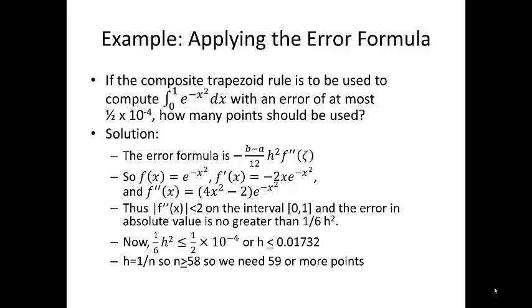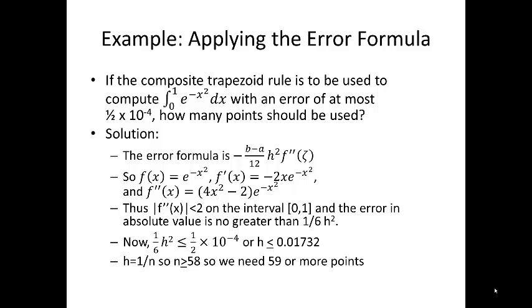Differentiating that, we bring down the minus 2x, which is the derivative of minus x squared, so it's minus 2x times e to the minus x squared, and f double prime is (4x squared minus 2) times e to the minus x squared. So we want the absolute value of f double prime of x to be less than 2 on the interval 0 to 1, and the error in absolute value is going to be no greater than 1/6 h squared.